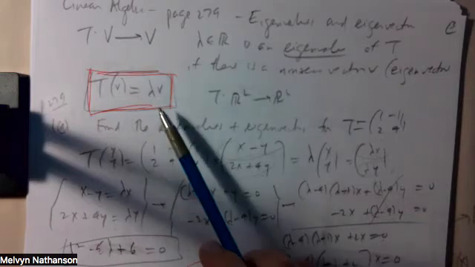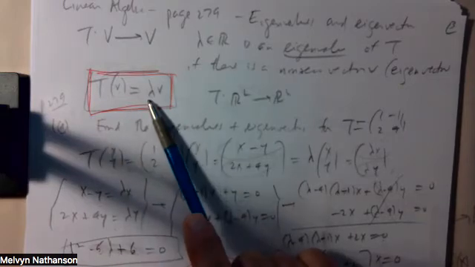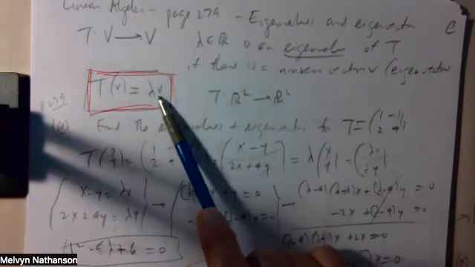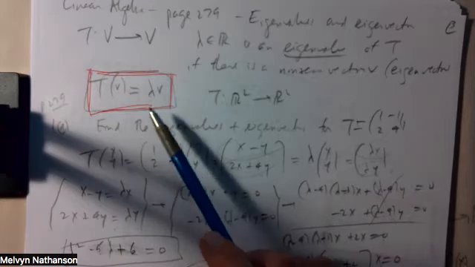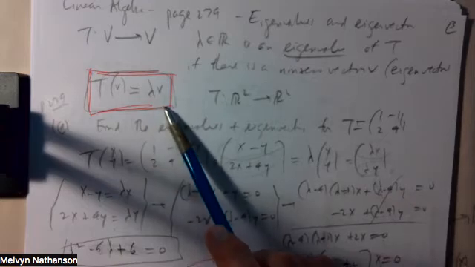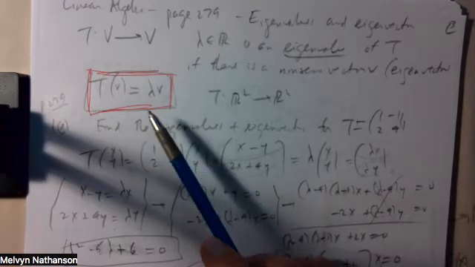And such a lambda is called an eigenvalue, and any non-zero vector that satisfies this equation is called an eigenvector. So we want to solve this linear algebra equation and find the lambdas.